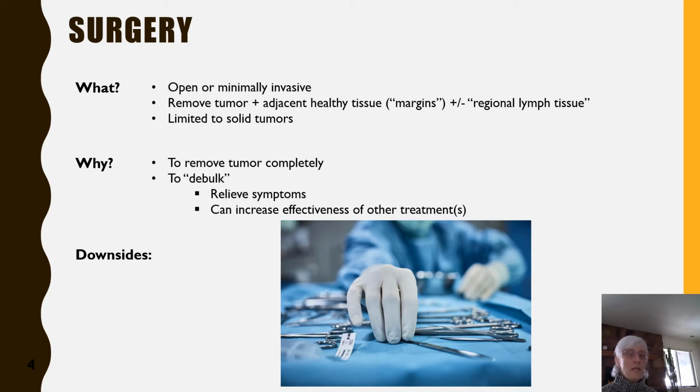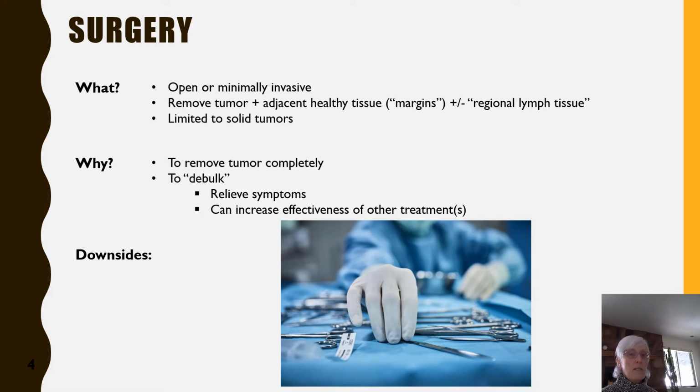And in some cases, this is because we're relieving symptoms. So for example, if somebody had lung cancer, you might cut out the cancerous portion of the lung to allow for the healthy lung tissue to expand into the chest cavity, giving it more room to do that. So that could relieve some of the symptoms.